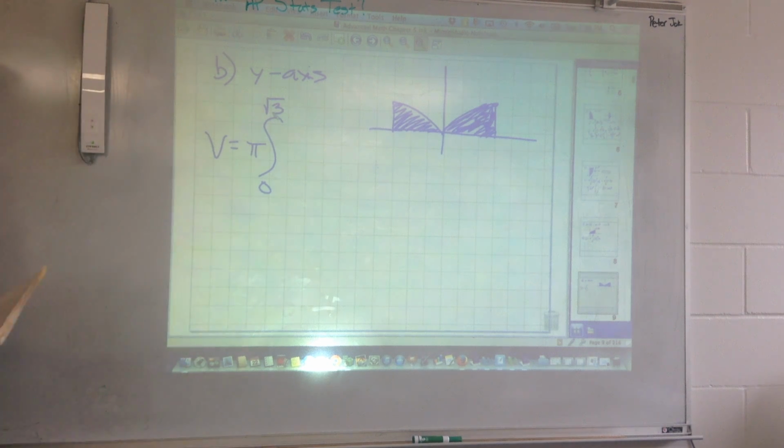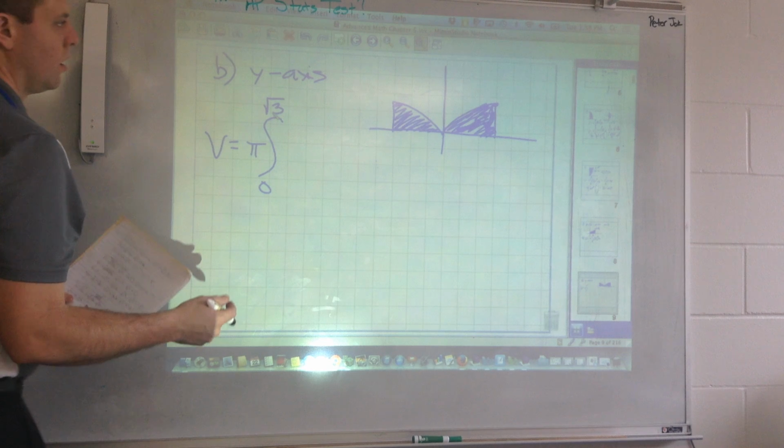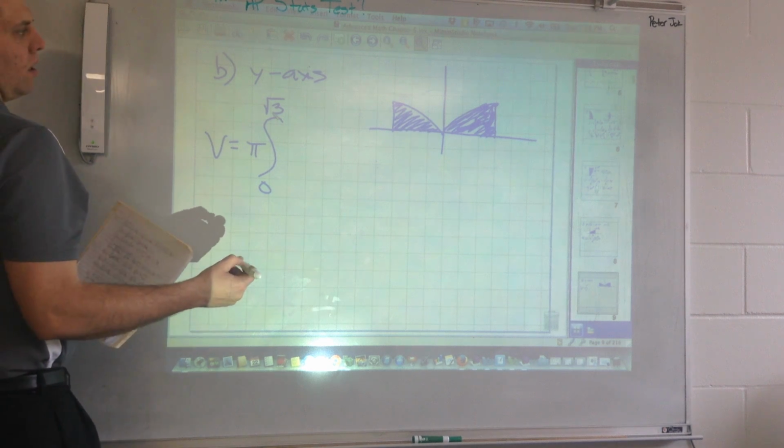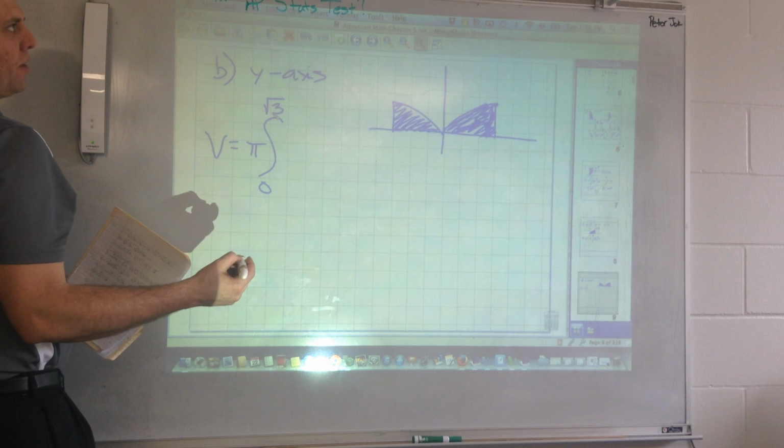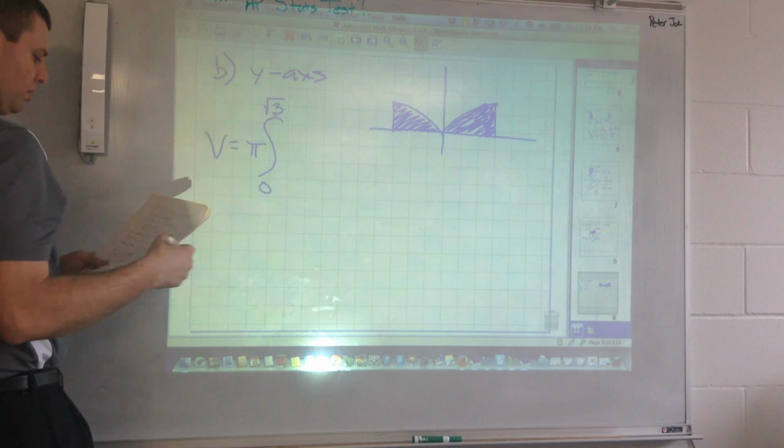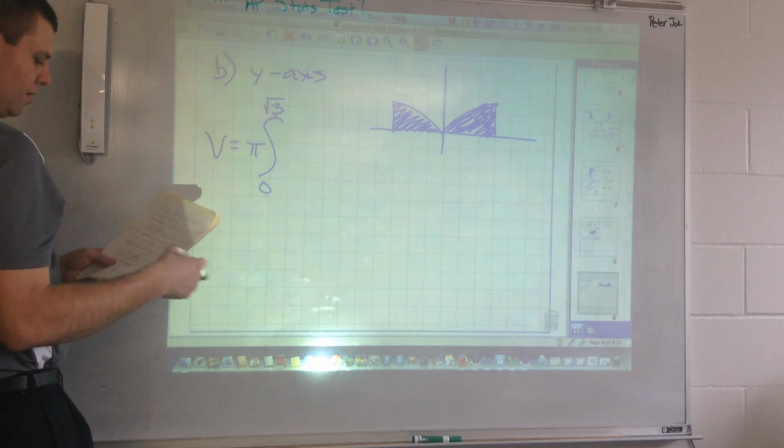Now, the radius of each cylinder, if you will, or maybe the better way to think of it, we can think of this using the washer method.